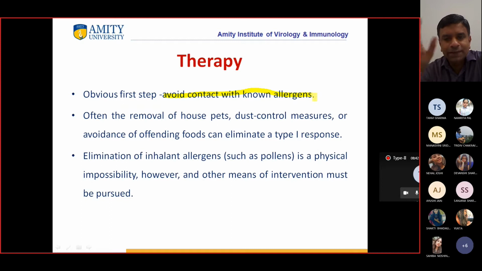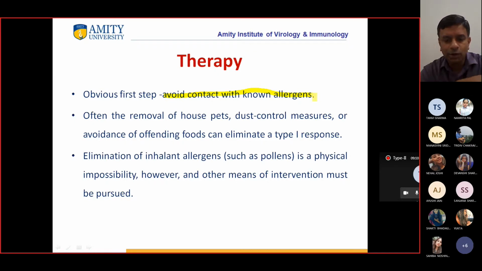However, there can be some means of intervention, right? For example, you can wear a mask. A person who is allergic to, suppose, dust or pollens can wear a mask whenever they are going out. If they are wearing a mask, the particles will just get stuck in the mask, so they won't get into your body, right?